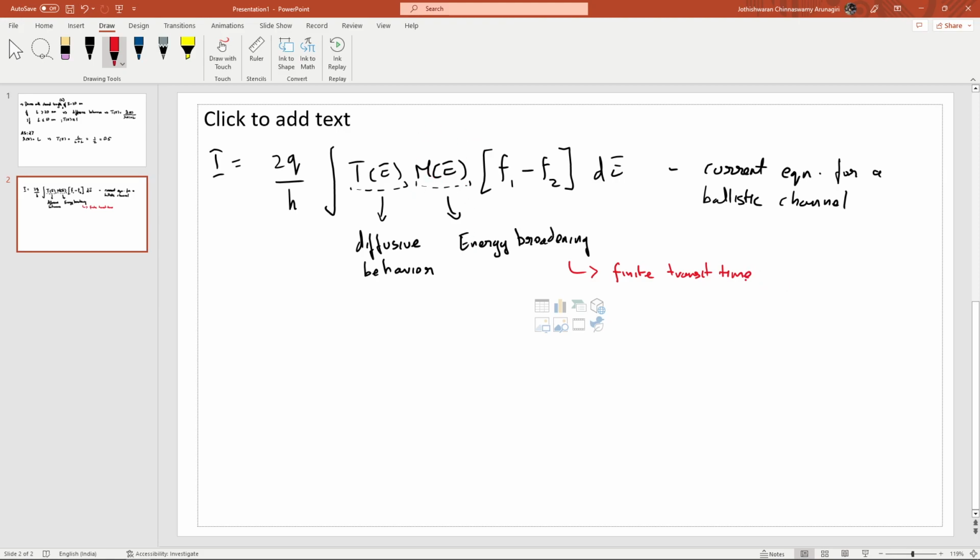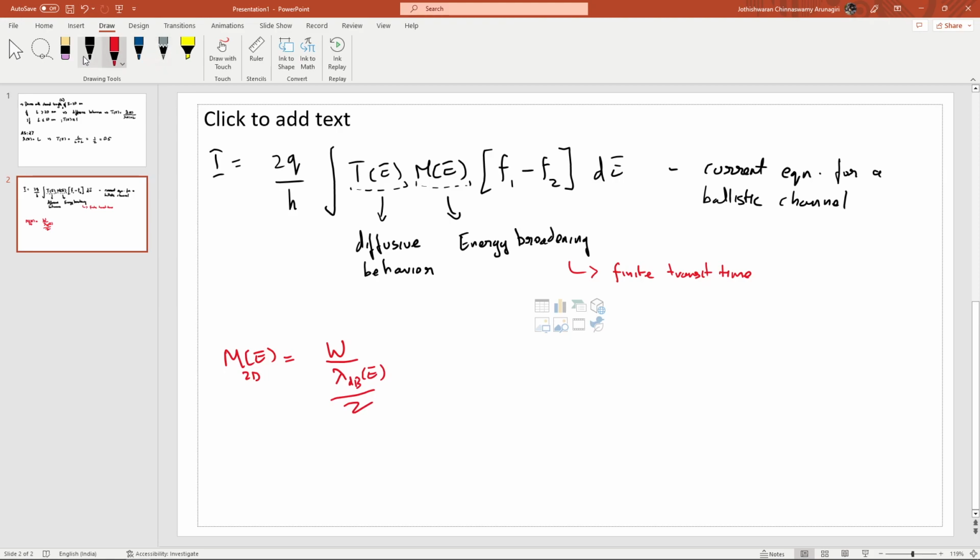In our previous week's discussions, you'd know that M of E for a 2D channel is given by W divided by lambda dB of E divided by 2.